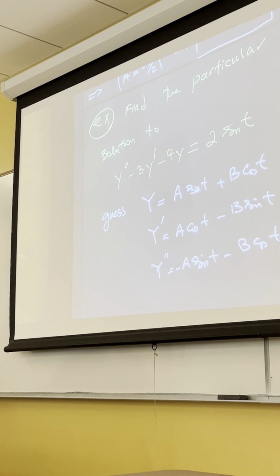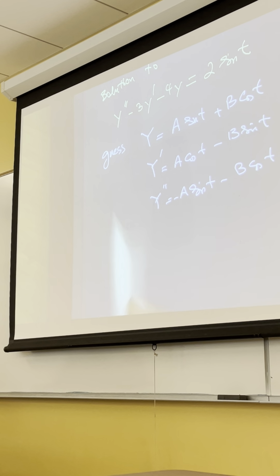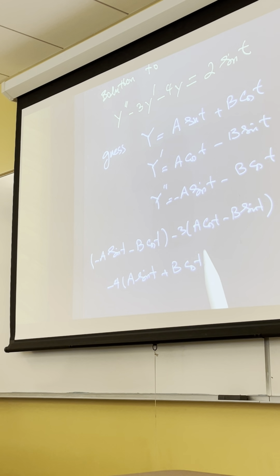Now we gotta plug this back into the original equation, so it's gonna be negative a sine of t minus b cosine of t minus 3 times a cosine of t minus b sine of t minus 4 times a sine of t plus b cosine of t is equal to sine of t. We gotta clean this up.